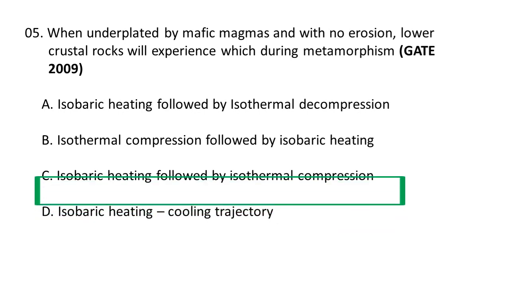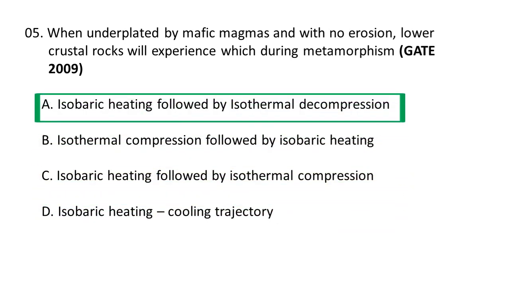The correct option is A. Isobaric heating followed by isothermal decompression is also known as IBH-ITD. This can be a result of an extensional mechanism that can accelerate slowly in the early stages, and this can also be caused by unrelated extensional tectonism.